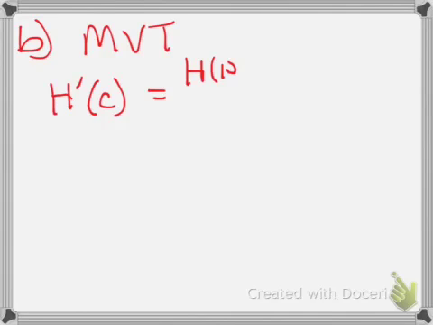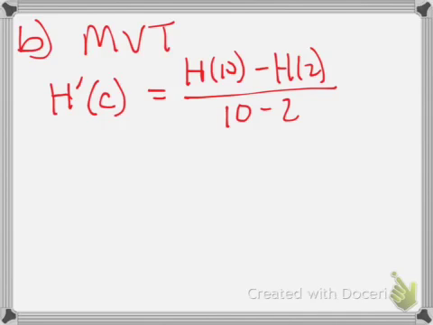I believe it's from 2 to 10, so h of 10 minus h of 2 over 10 minus 2. So there's going to be some value c between 2 and 10 such that h prime of c is equal to the average rate of change over the entire interval.